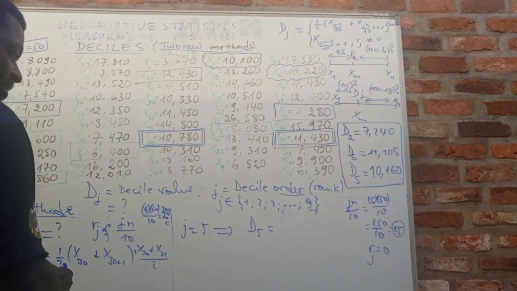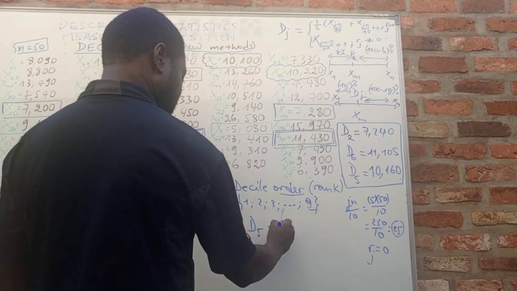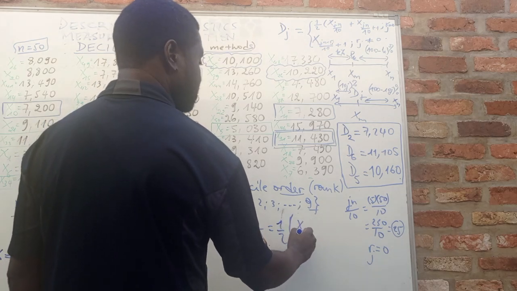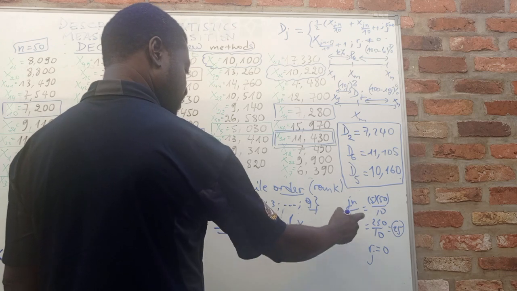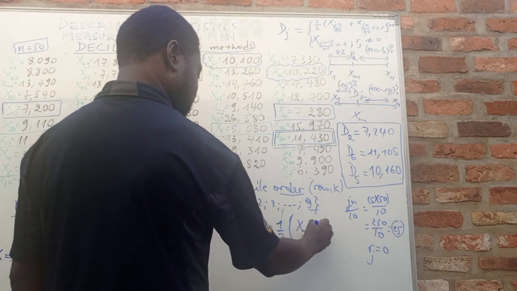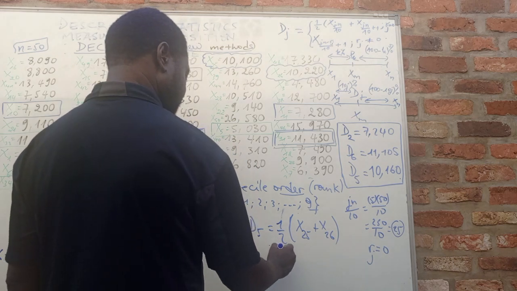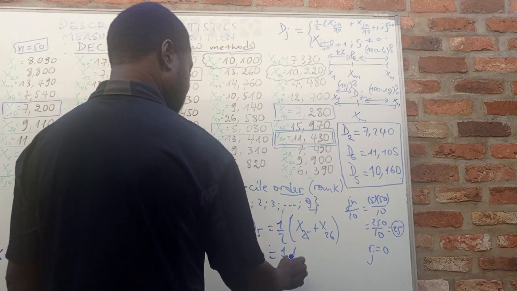And in this case, it is going to be half of x sub jn. We have found it 25 plus x 26. So this is going to be a half of.